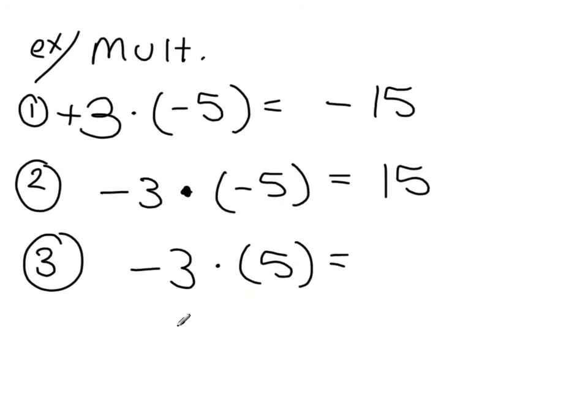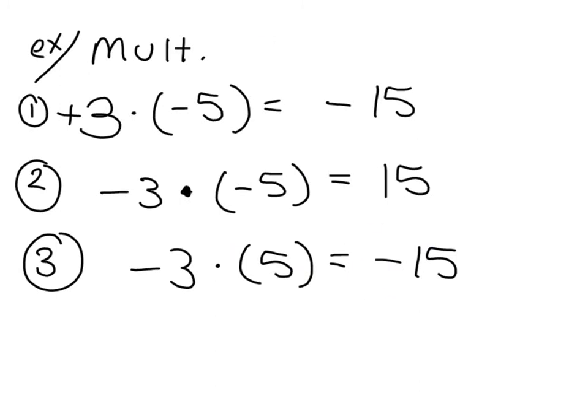Well, we have a negative times a positive, so our answer will be negative. And 3 times 5 is still 15, so nothing has changed. Notice it's the same as the first question. Positive times a negative, negative times a positive, we still end with a negative. And that's all you really need to know, is the sign rules. If you know how to multiply, this is going to be a cakewalk.